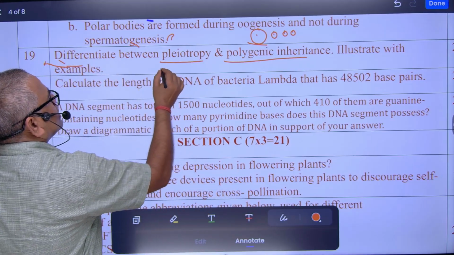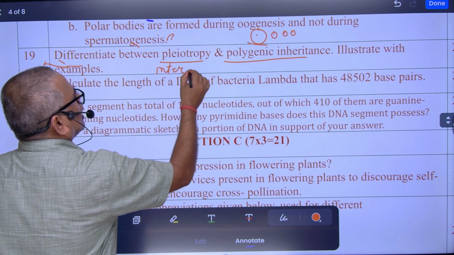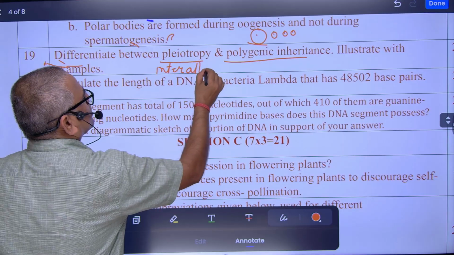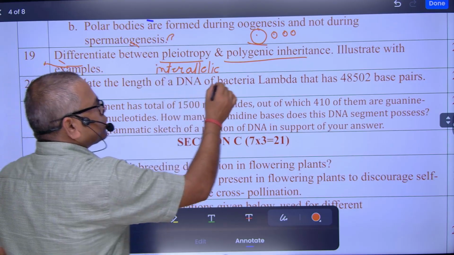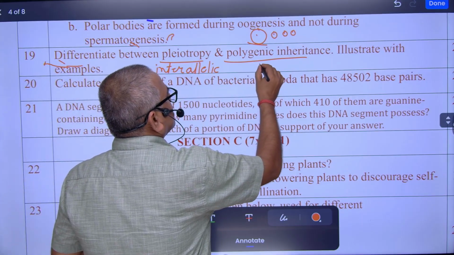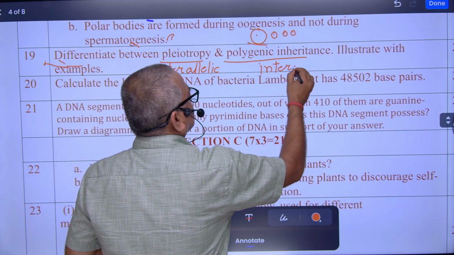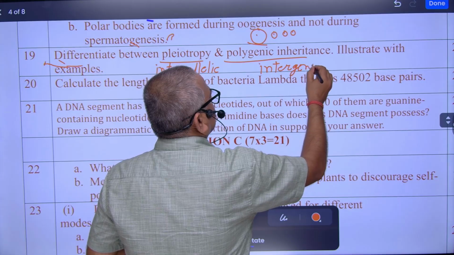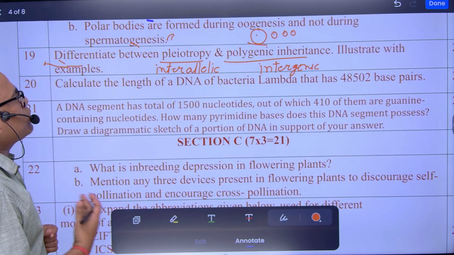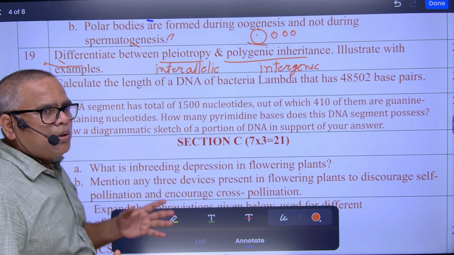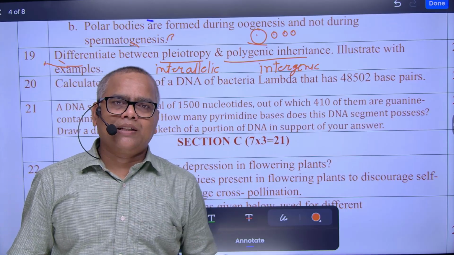Pleiotropy is interallelic, and polygenic is intergenic. That is the first point of difference. At the same time, we should also define here: pleiotropy is basically a gene having multiple effects.